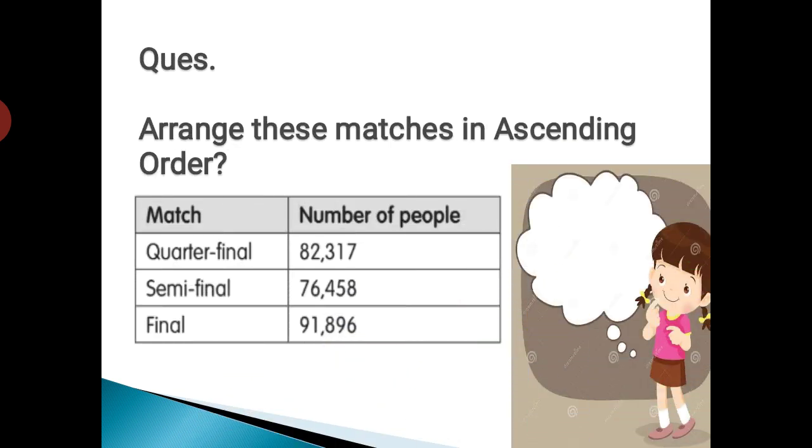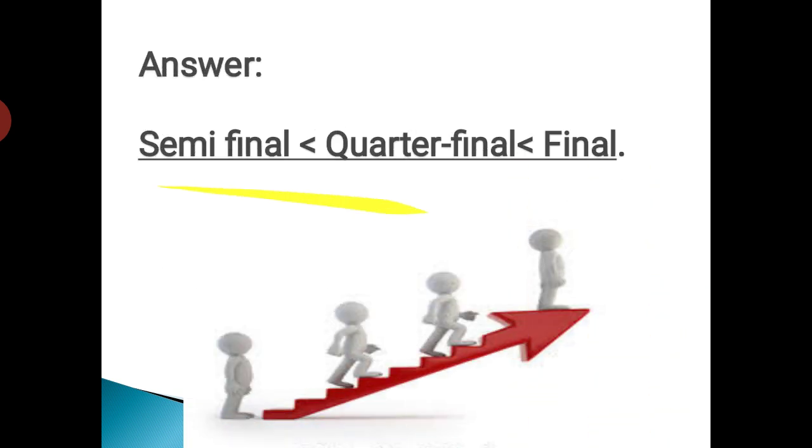You can see again, in the semi-final there are 76,458, then 82,317 in the quarter-final, and then the final, that is the biggest, 91,896. So we have arranged it from the smallest to the biggest number.